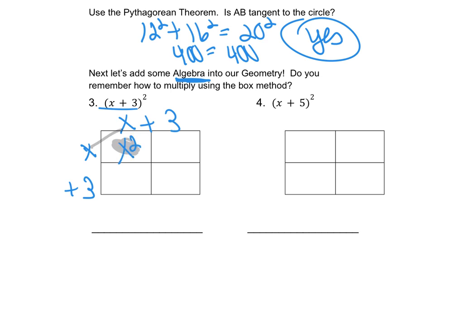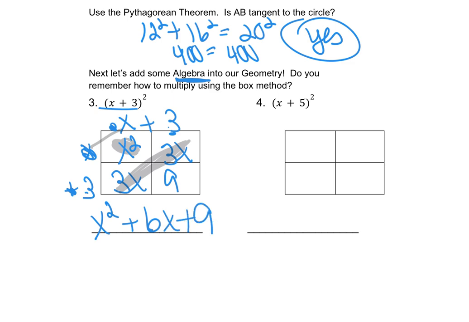In this box over here, we'd have 3 times x, which would be 3x. And in the lower left, we would have x times 3 again, which would be 3x. And then we'd have 3 times 3, which is 9. What's in the boxes on the opposite corners are like terms that we can put together. So we would have x squared plus 6x plus 9.